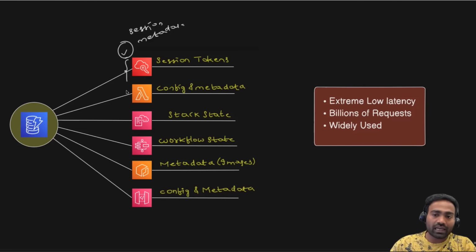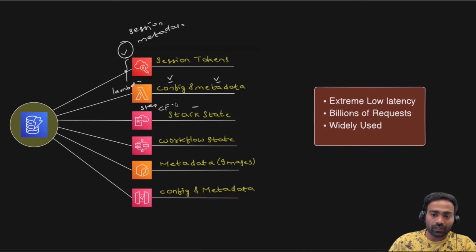Not only that, DynamoDB is also used by Lambda. Again, when you create a Lambda function, all your Lambda function related configuration, your Lambda function related metadata is also stored by AWS within DynamoDB. Even when you're using step functions, AWS stores the stack state within DynamoDB. Similarly, if you're working with, let's say, workflows, the workflow state is also stored in DynamoDB.